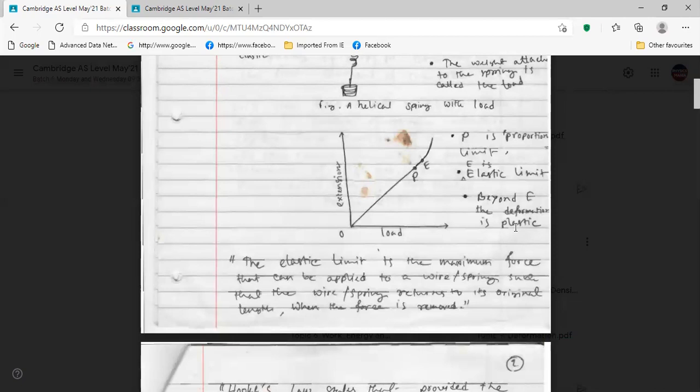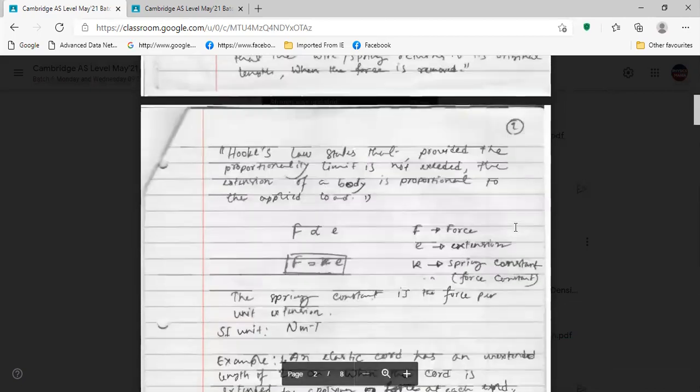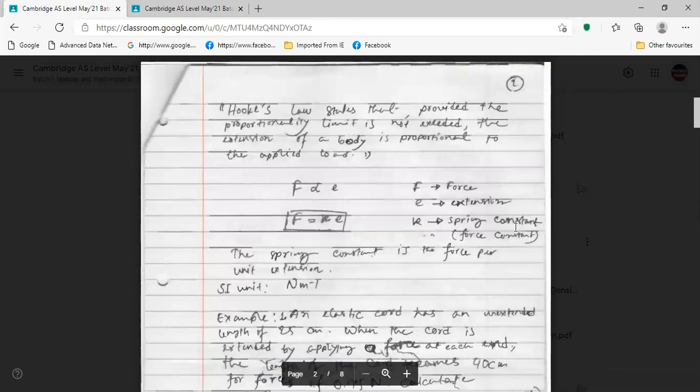Done? Yes, sir, done. Now Hooke's law, you know that one. Hooke's law shows us extension is directly proportional to the load or force, right? Or weight, you can say.